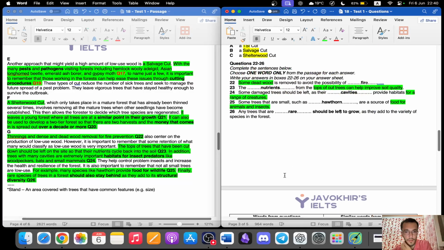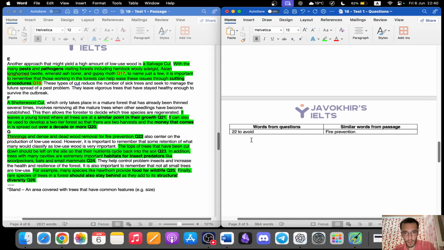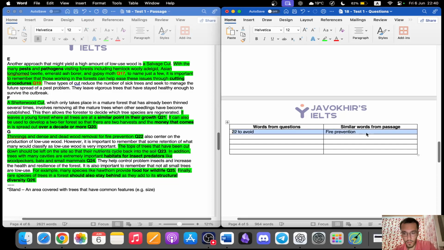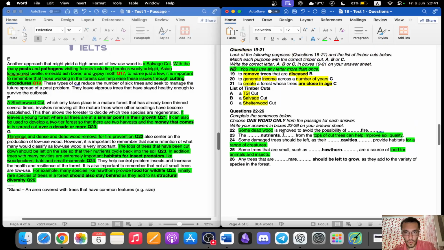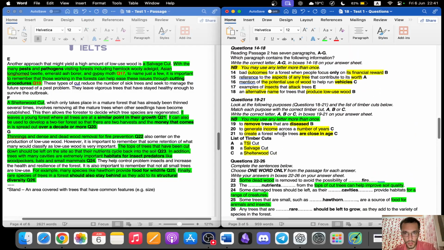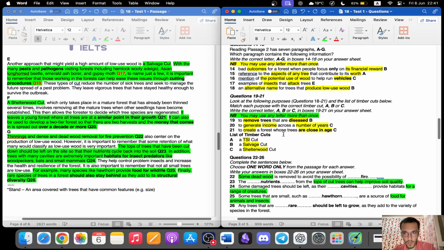Now let me actually remove this part. Whoops. Remove this part now. All right, so question only on its financial reward.